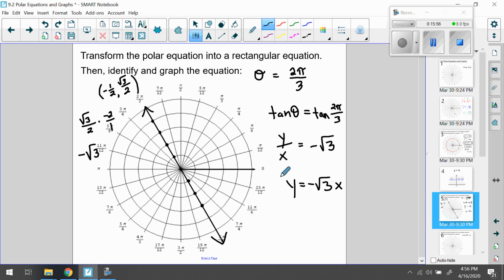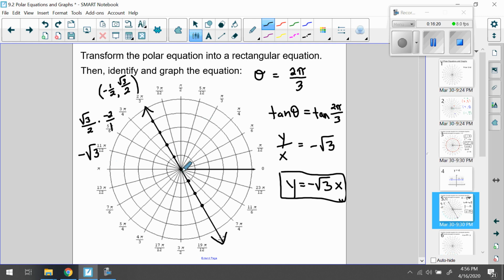And now we can see that this is an equation of a line. You can see your slope-intercept form, right? Looks like we have a slope of negative root 3 and a y-intercept of 0. And that is the equation of the line that we just graphed. And if you think about, like, if this were an xy coordinate, wouldn't this equation y equals negative root 3 x look kind of like this?